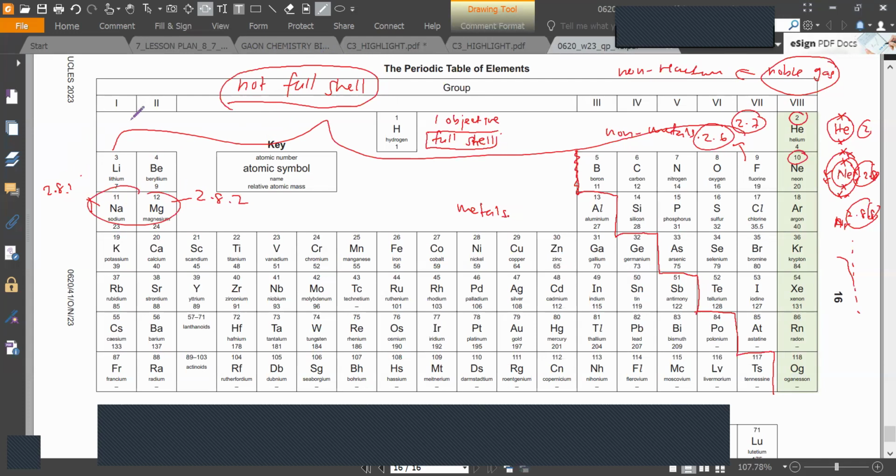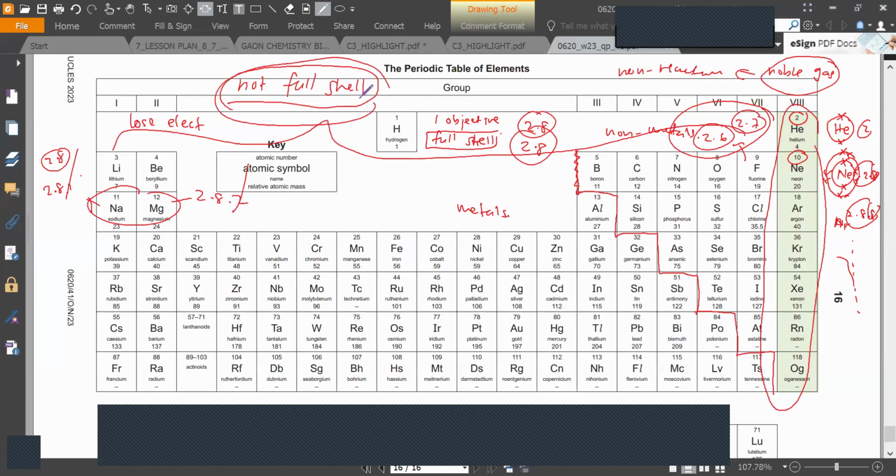Here, they will lose electrons to get a full shell: lose one, lose two, they get a full shell. This side tries to gain electrons. For example, oxygen can gain 2 to get 2, 8, and fluorine can gain 1 to get 2, 8. The ones that already have a full shell will do nothing and just stay as they are. The rest don't have a full shell, so either they gain electrons or they lose electrons to get the full shell.